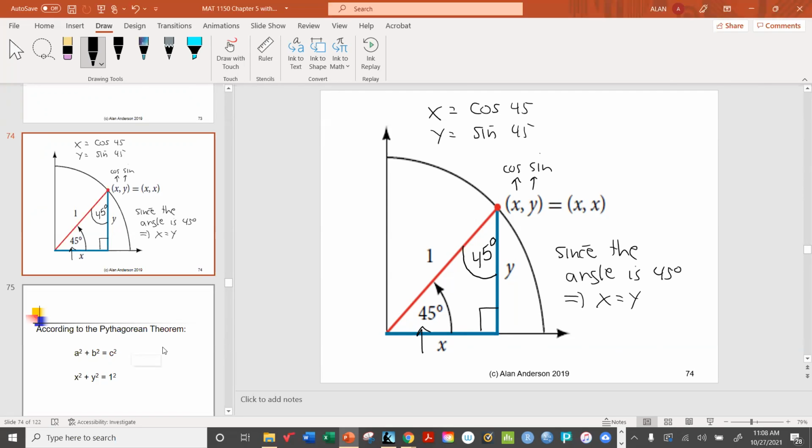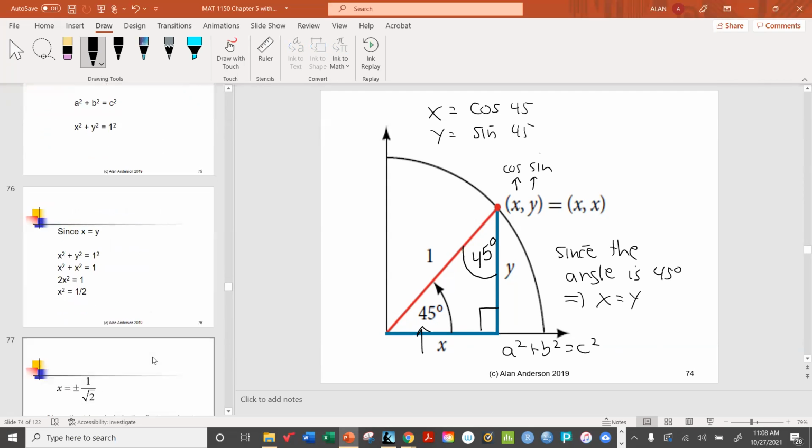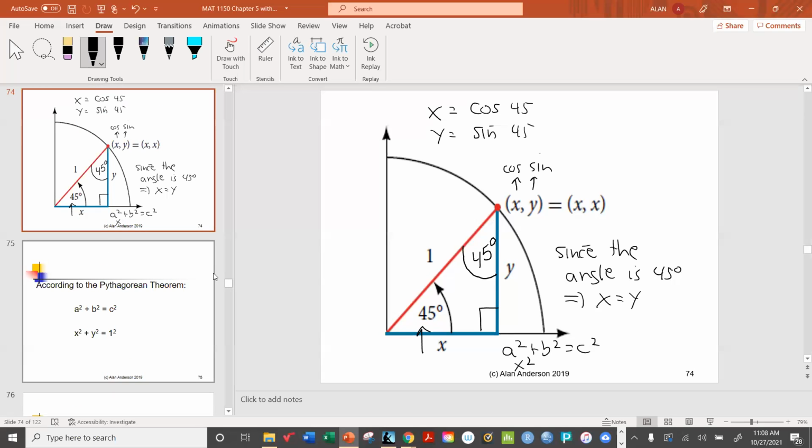Now, the Pythagorean theorem tells us that a squared plus b squared equals c squared. You can rewrite this as x squared plus y squared equals 1 squared. That's the key to the whole thing.